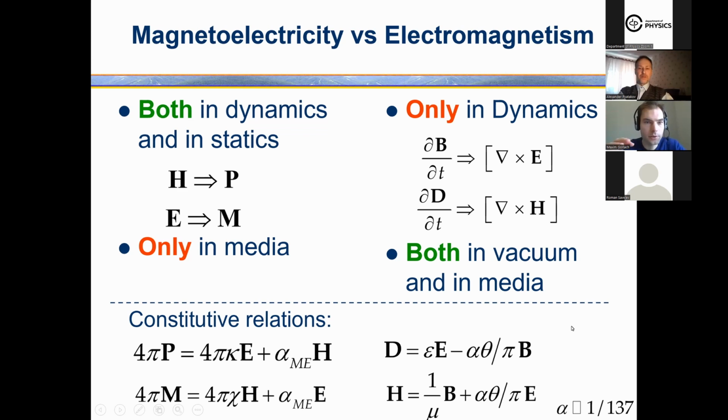So, Alexander, I have a question regarding the equations on the left-hand side. I wonder if it is always the case for multiferroics that the coefficient in the first line, alpha and E, is the same as the coefficient in the second line, which you also denote as alpha and E. It's in CGS system, they're just the same.